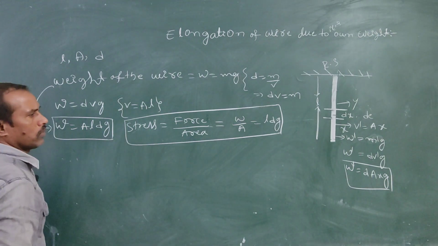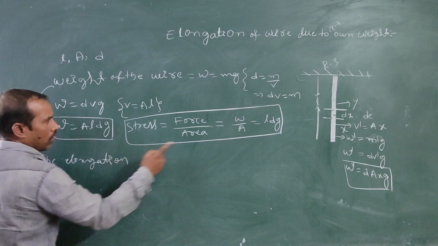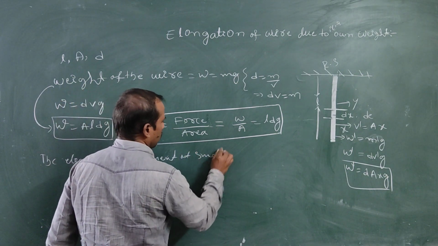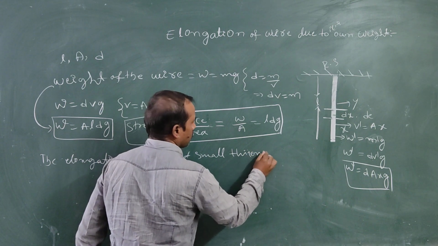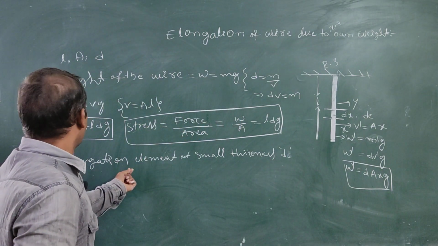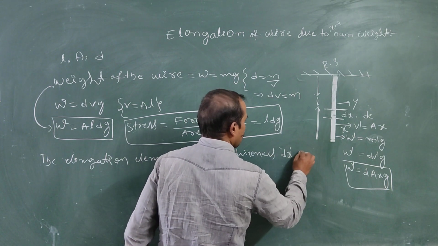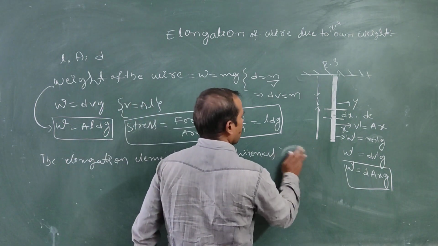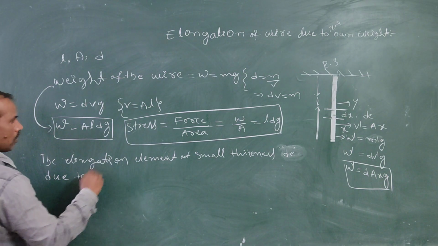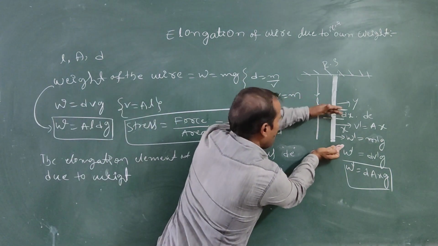Now the elongation of an element of small thickness dx due to the weight W prime of this portion.